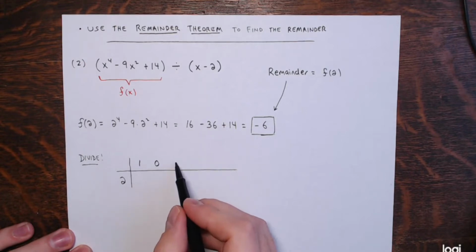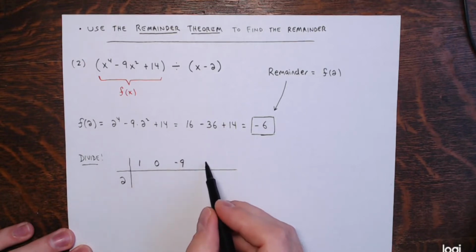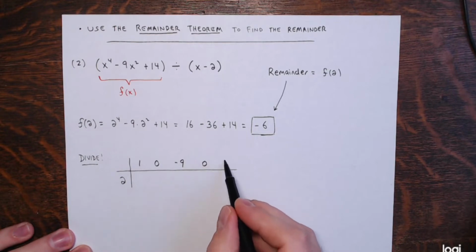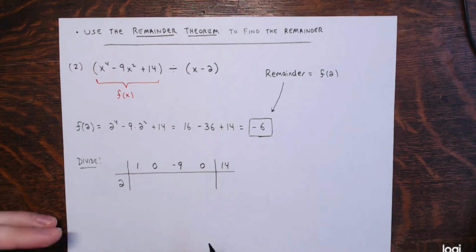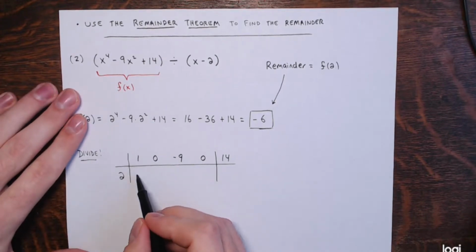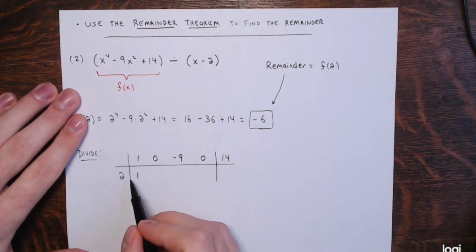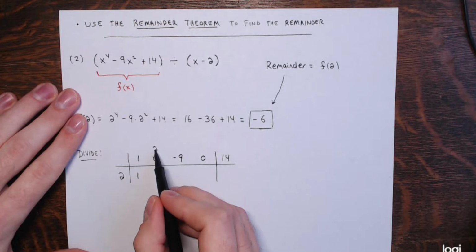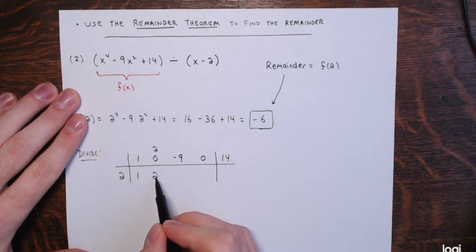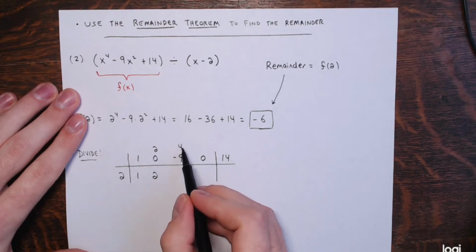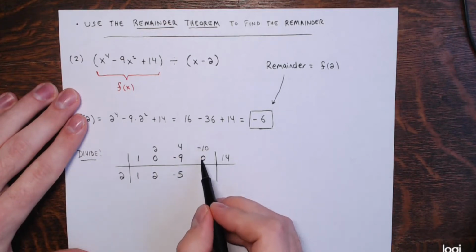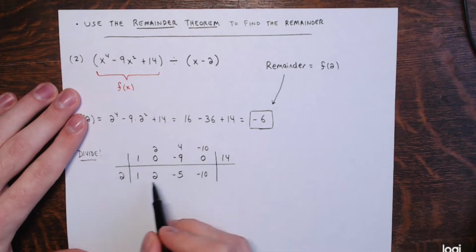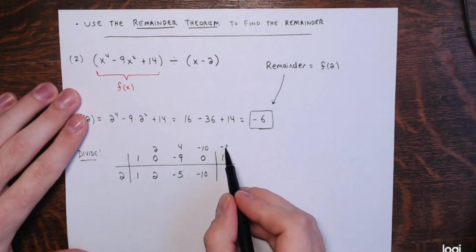Negative 9x squared, 0x to the first, and then the constant term is positive 14, then a little bar to separate the quotient from the remainder. Remember, the lead coefficient just gets repeated, drop down. 2 times 1 is 2, 2 plus 0 is 2, 2 times 2 is 4, 4 plus negative 9 is negative 5, 2 times negative 5 is negative 10, negative 10 plus 0 is negative 10, 2 times negative 10 is negative 20, plus 14 is negative 6.